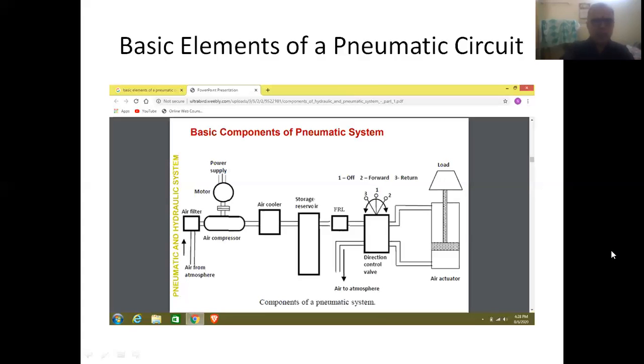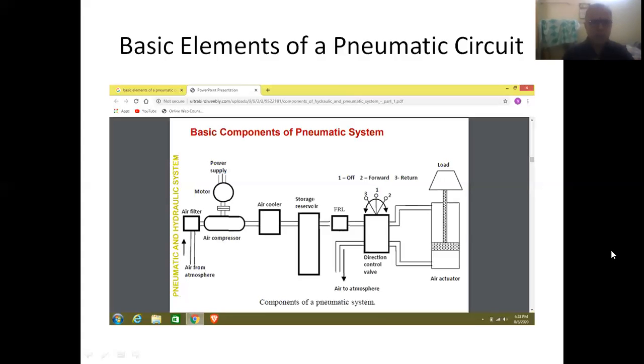And secondly, we can see the arrangement of a cooler that is placed after the air compressor. It can be called an air cooler, or it is also referred to as an after cooler. Now the compressor will be raising the pressure energy of air. Therefore, by raising the pressure energy of air, the temperature of air will also get increased.